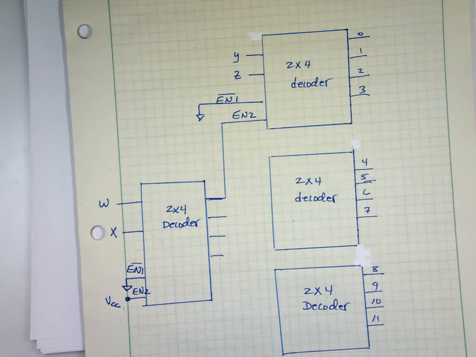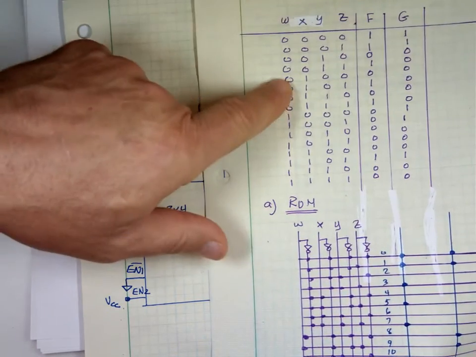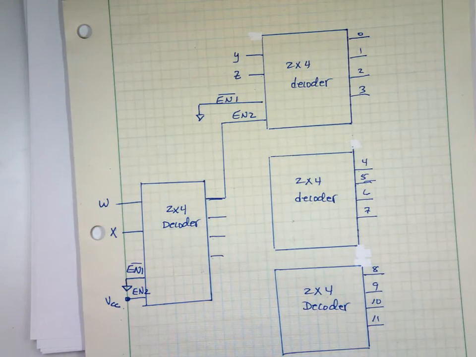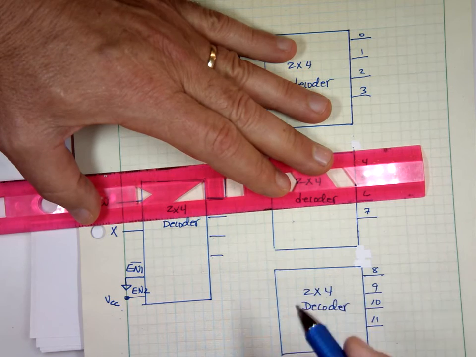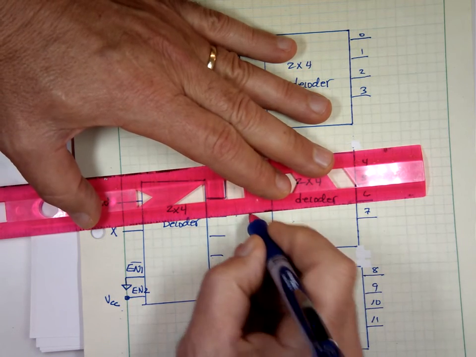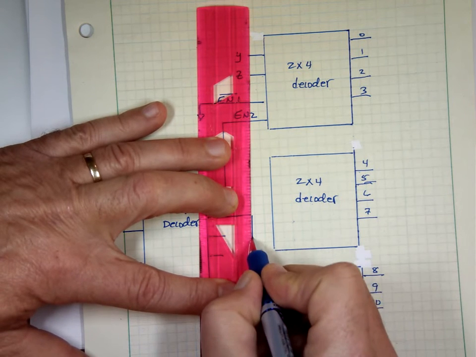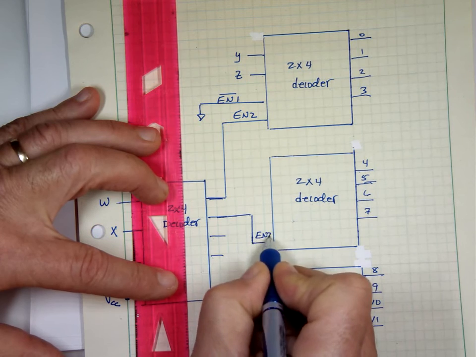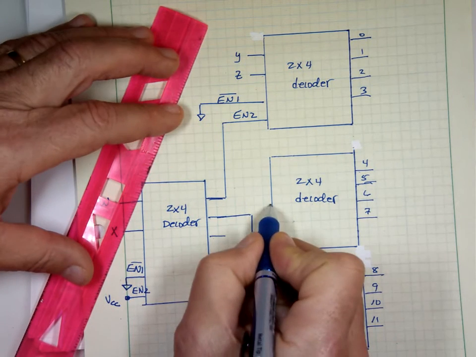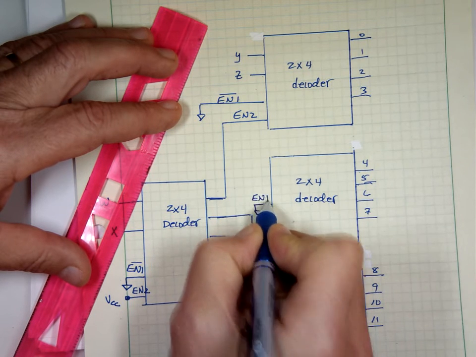I want this one to be on for the second group when my input is 0, 1. So that's my chip enable to this one. Again, my chip enable for this is going to be similar to the other one. This is actually going to be high. This is my enable 2. Enable 1 is going to be ground. And again, Y and Z here.